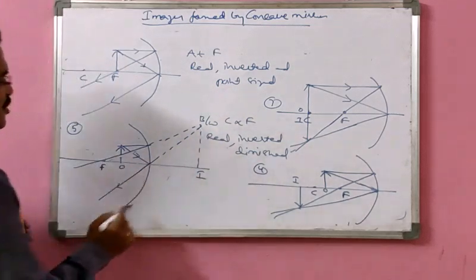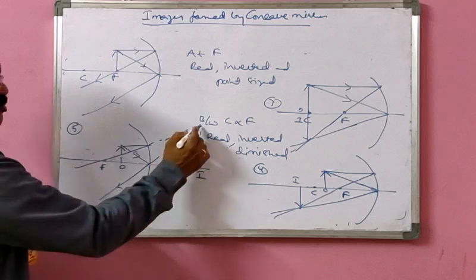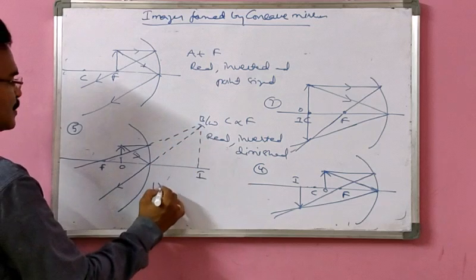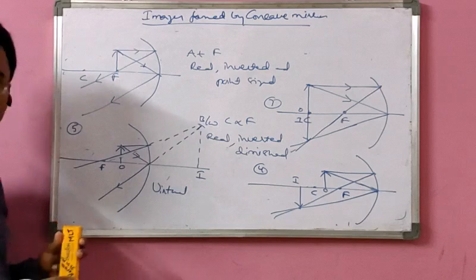Here the image is formed. You can see I represented with a dotted line. So this is a virtual image.